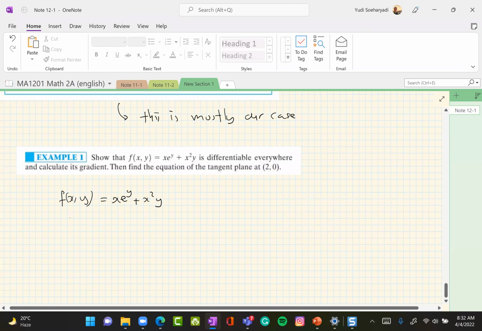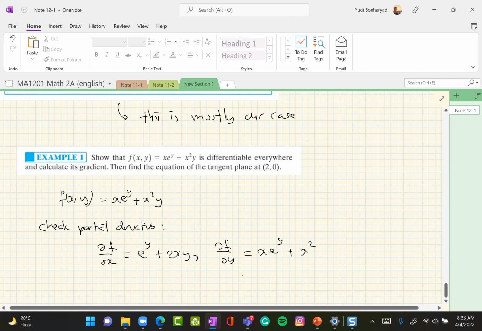Let's check the partial derivatives. So df dx is just e to the y plus 2xy. While df dy, with respect to y, is x e to the y, same e to the y, plus x squared.